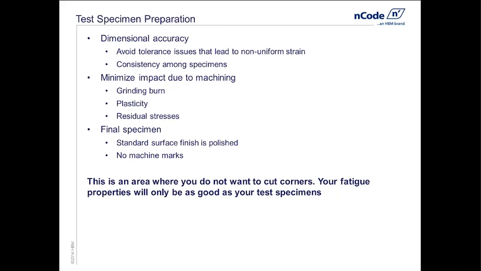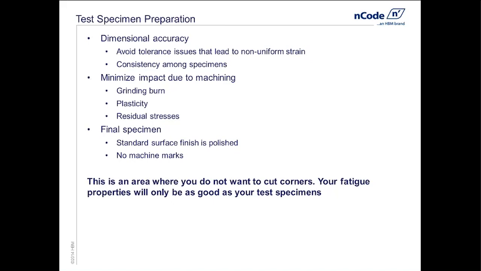As we get close to the actual specimen shapes, we want our machining to be fairly light and use basically small cuts in the manufacturing process, sharp tools, to end up with a specimen that has minimized work hardening, minimized residual stresses.